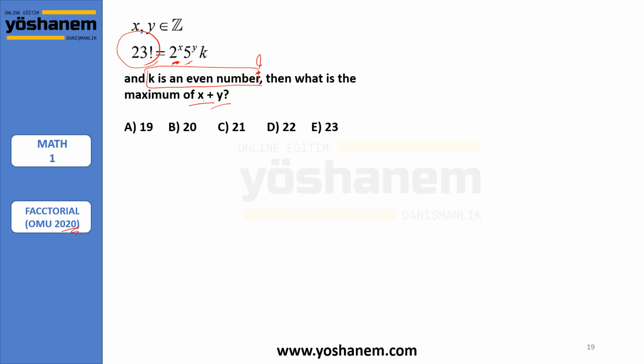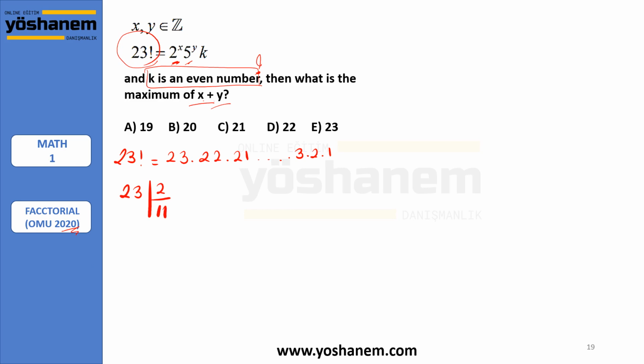So that means when you factor out 23 factorial, it's gonna be, from definition 23, 22, 21, all the way down to 3 times 1, 2 times 1. In order to find how many 2's and how many 5's in 23 factorial, we are going to do this, dividing 23 by 2 until we cannot divide the quotient anymore.